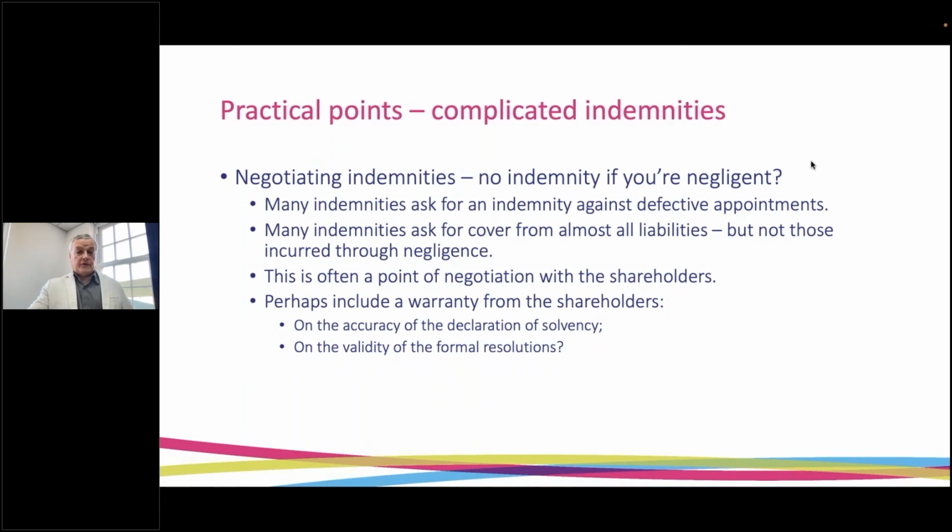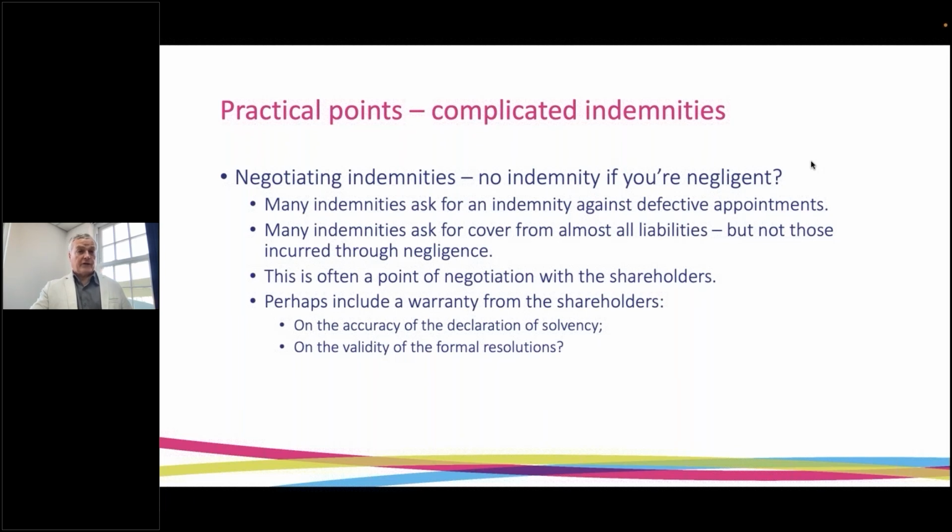Many indemnities do say that you will not be able to make a claim for a liability that has arisen if you are negligent. Many indemnities also ask for an indemnity against claims that arise because the appointment is defective. And there is an argument to say that if the appointment is defective, well, all of the papers will have been prepared by you.